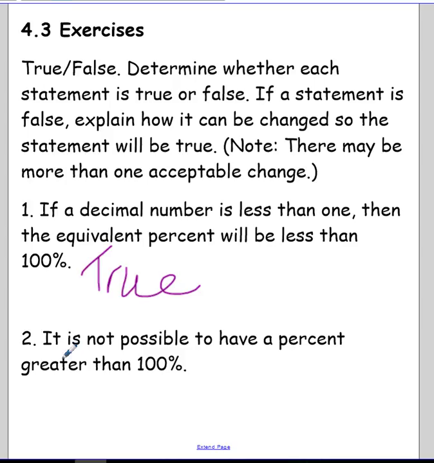Statement 2: it is not possible to have a percent greater than 100. Well, if that were true, then we wouldn't have questions like question B, where you just change 211% into 2.11. So that is false. It is possible.